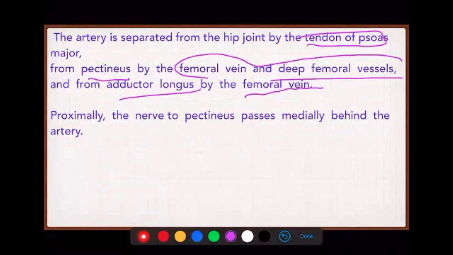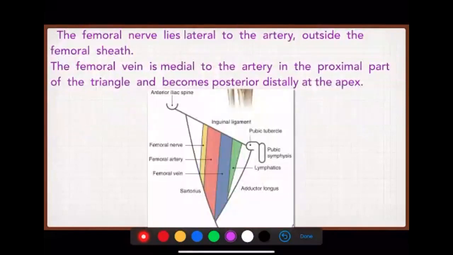Proximally, the nerve to pectineus passes medially behind the artery. The femoral nerve lies lateral to the artery outside the femoral sheath. You all know this is the femoral nerve. The femoral vein is medial to the artery. This is the femoral vein.